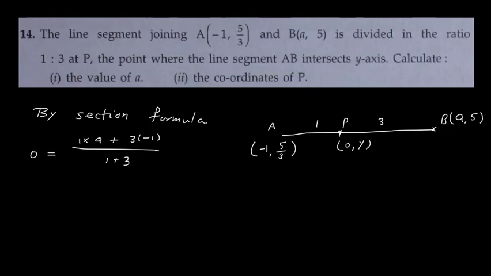So therefore 3 plus 1 is 4, 4 into 0 is 0, 0 is equal to A minus 3. So I get A is equal to plus 3. So I get the value of A. Value of A is plus 3.